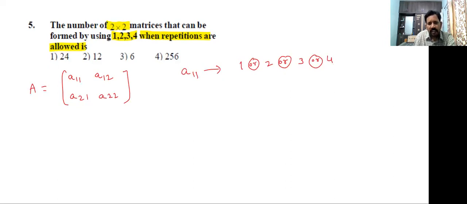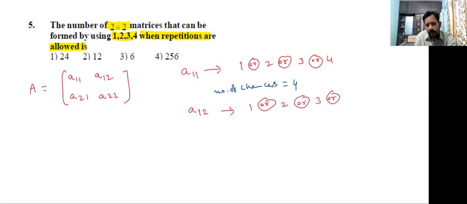How many chances are there? There are 4 chances. Similarly, in the second element A12 also we can fill 1 or 2 or 3 or 4. So how many chances?